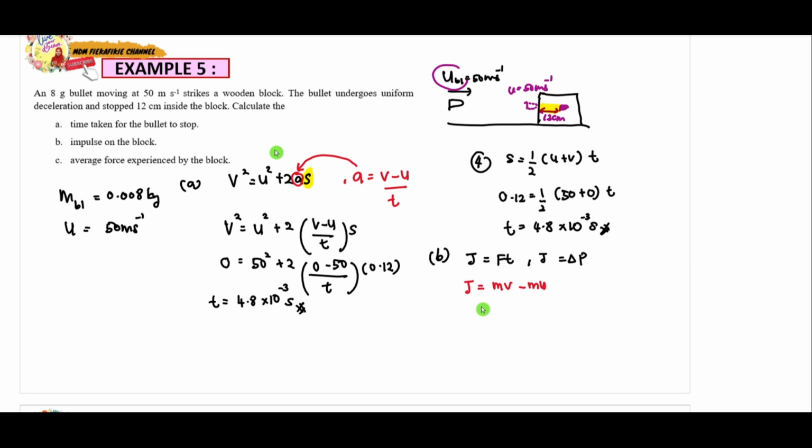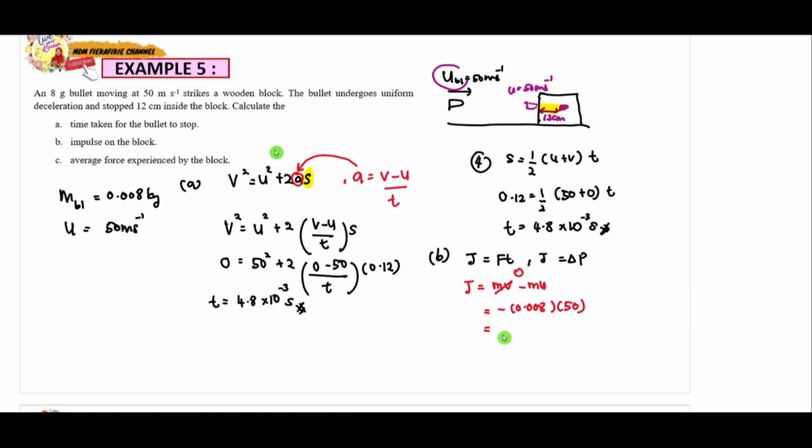Okay, so now when we try to substitute all the values, since V is equal to 0, kita boleh cancel je. Okay, so kita boleh dapat J is equal to negative 0.008, the mass, times U is 50. Okay, so 50, we consider the bullet moves to the right.